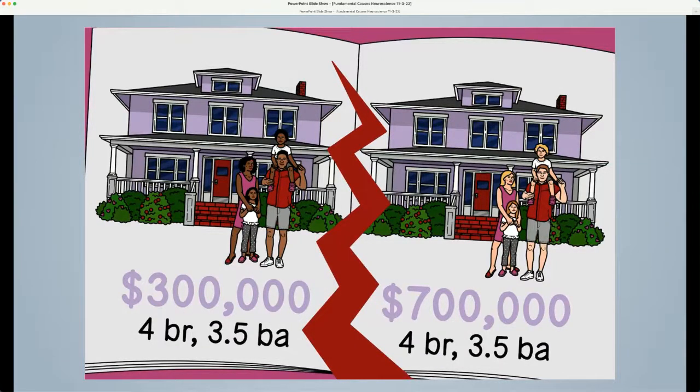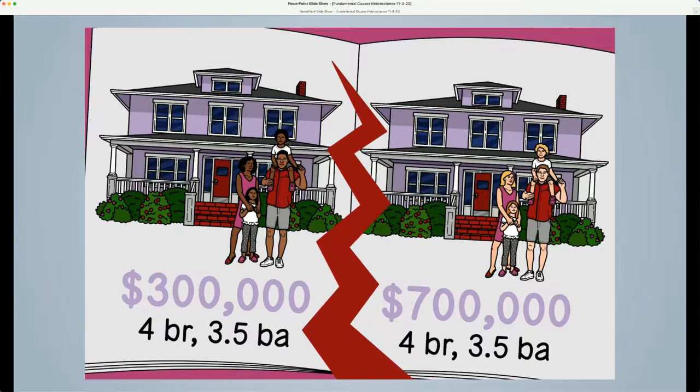The subprime lending scam in 2008 reversed the few economic gains minoritized groups made in the early 2000s. African Americans lost 240,000 homes. Latinos lost 335,000, according to the analysis of millions of loans issued between 2005 and 2008.